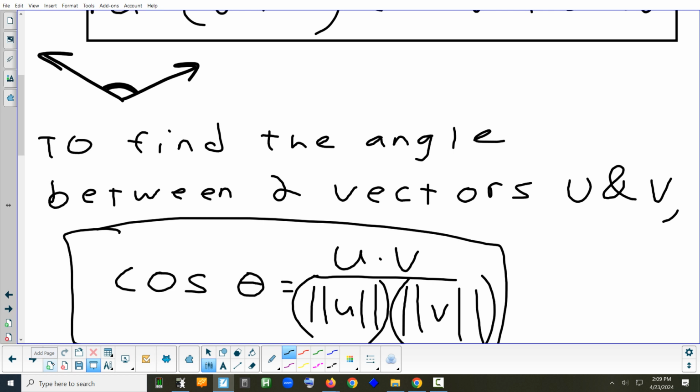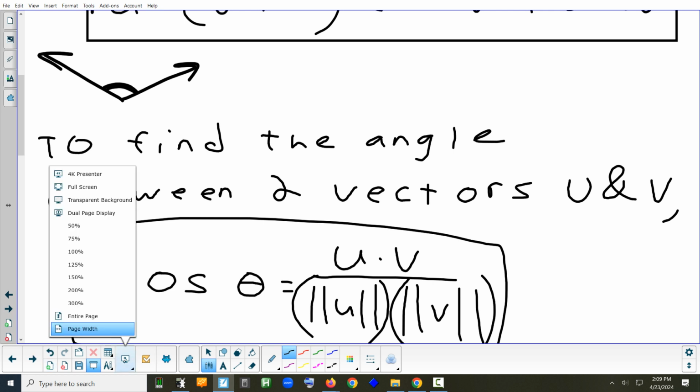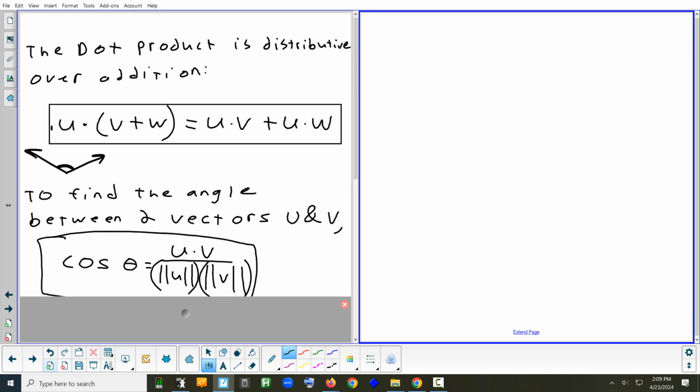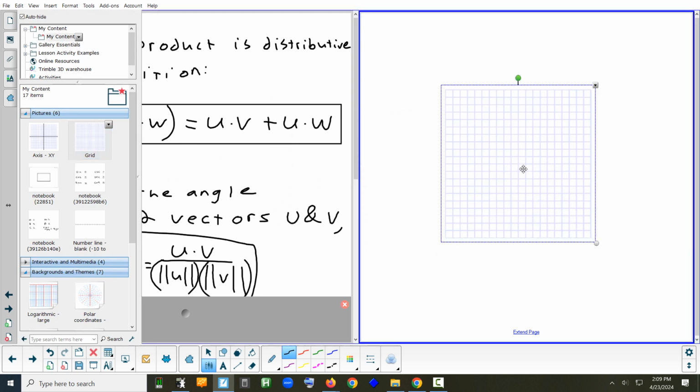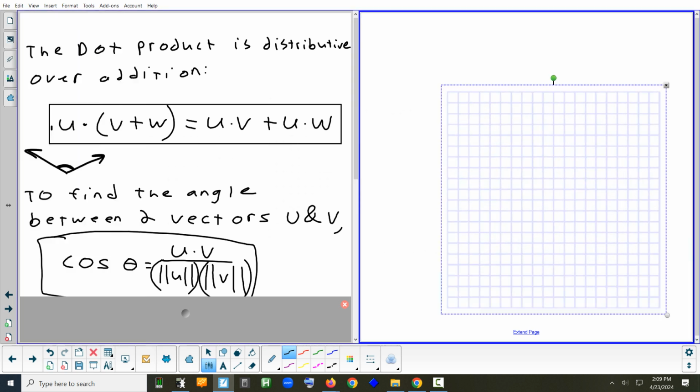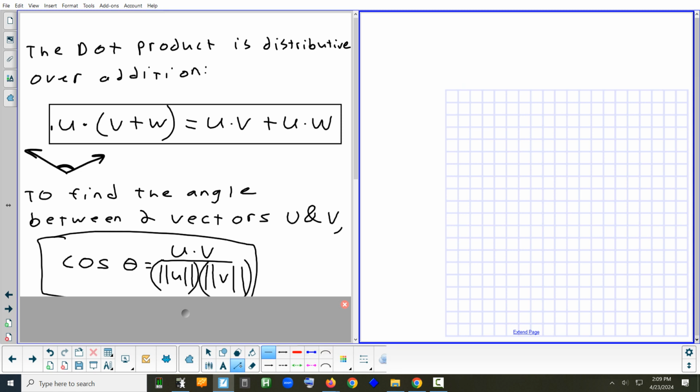Technically, you don't need this formula. If I gave you something like this, and let's say I drew a vector like that, another vector like that, and I asked you to find the angle between them, what shape could you turn this into that we could use with law of cosines?